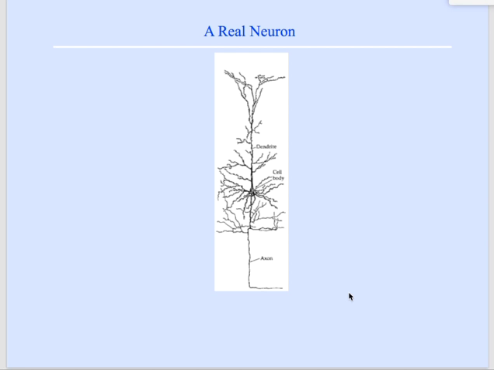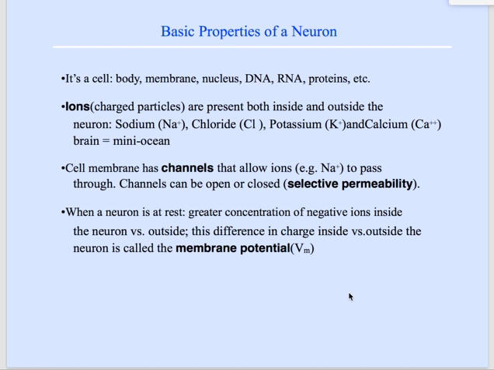So let's start with a real neuron. What are the basic properties of a real neuron? Let's review those basic properties and then see if we can abstract away from that and come up with a set of equations that will allow us to mathematically characterize a neuron in such a way that it's useful for developing a neural network model.